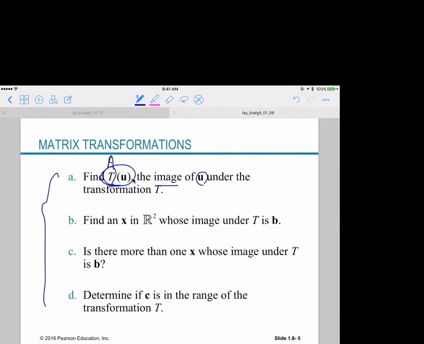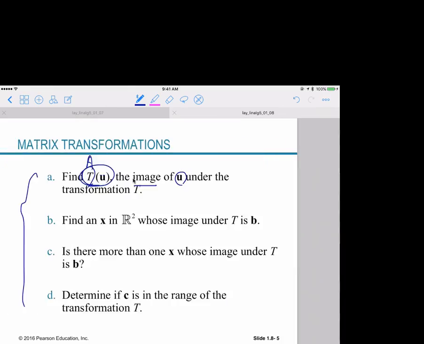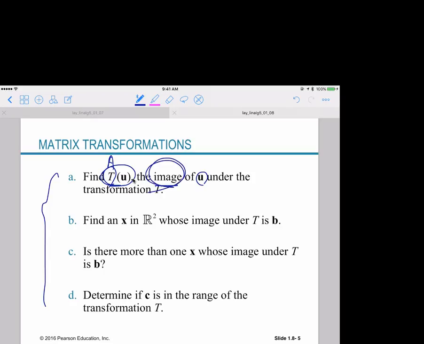So the output can be easily computed. The computed output will be the image of this input vector U, right?